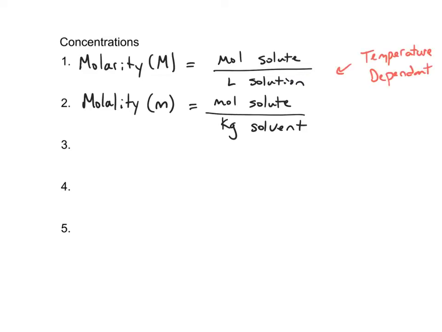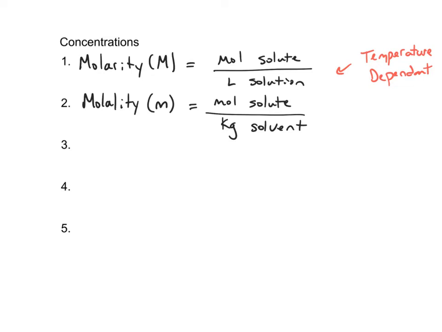Because of that, it's used most likely in industry, where temperature can be a factor, since with changing temperature, molality doesn't change, but molarity does. That is why a molarity is always assigned at a specific temperature, because as the temperature changes, the molarity may change. But we use it for academic chemistry because it's easier to use in stoichiometric situations.